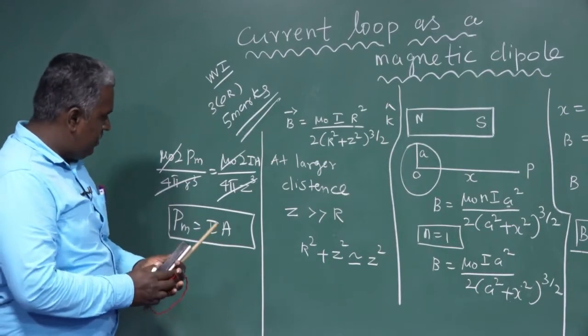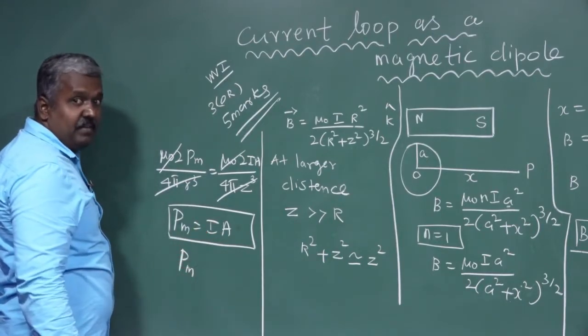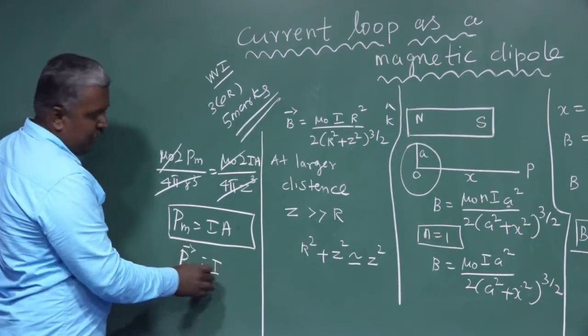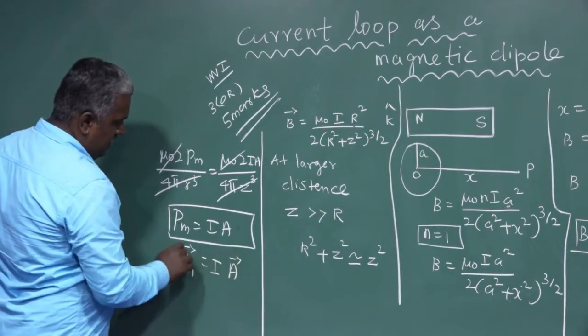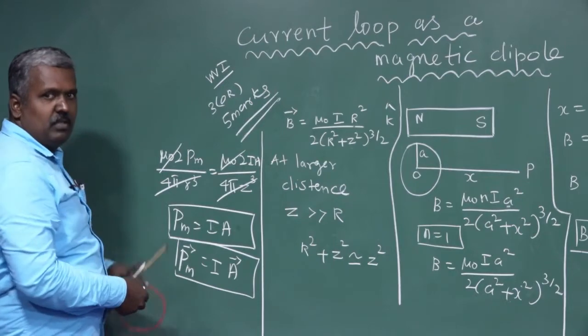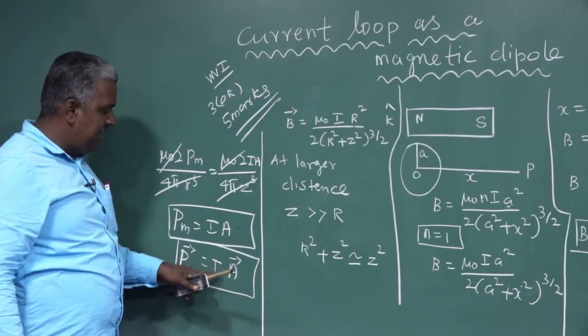In vector notation, because it is a vector quantity, Pm vector is equal to I, a scalar current, times area A, a vector quantity. So Pm vector, the magnetic dipole moment, is equal to I into A.